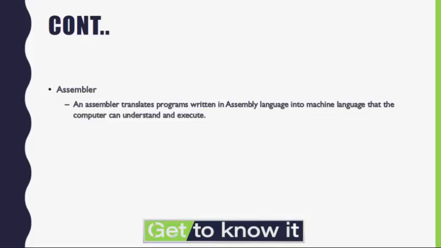So if you use assembly language to code your program, you will require an assembler. But if you code in high-level languages, you will need a compiler or an interpreter for that case. So what are the functions of an assembler?